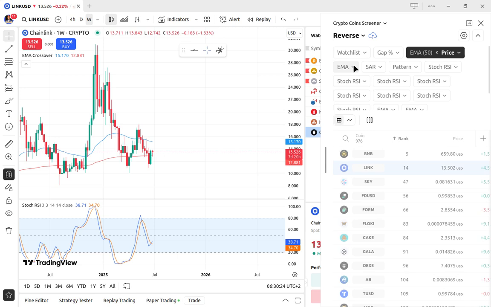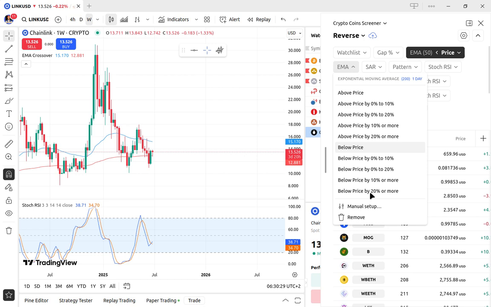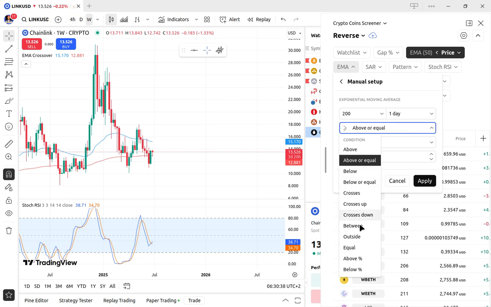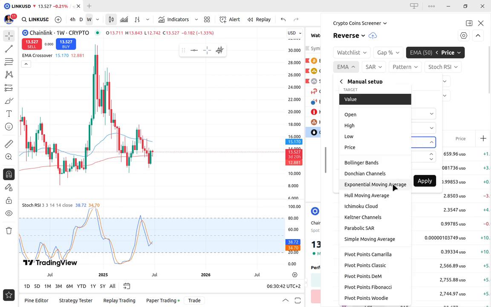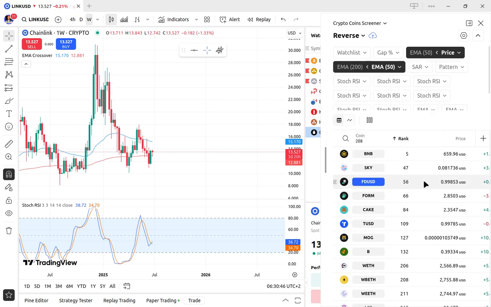Let's just give them the rocket booster strategy, which is very simple, where the price is above the 50-day moving average and the 200-day moving average. Okay, so let's have something like that.